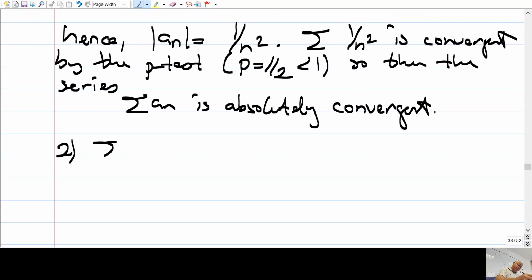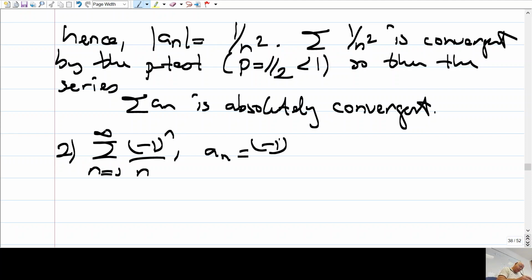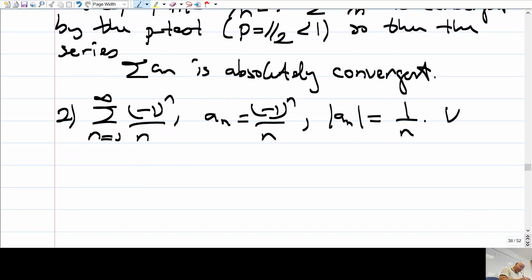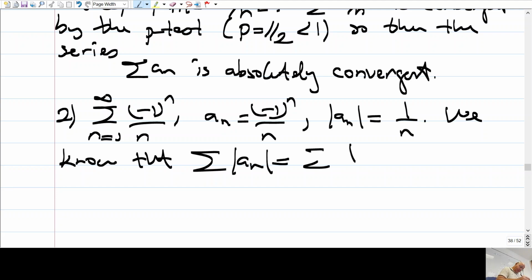But look at this series. This time an is minus 1 to the power n minus 1 over n, and its absolute value is just 1 over n. We know that this thing is the harmonic series, right?